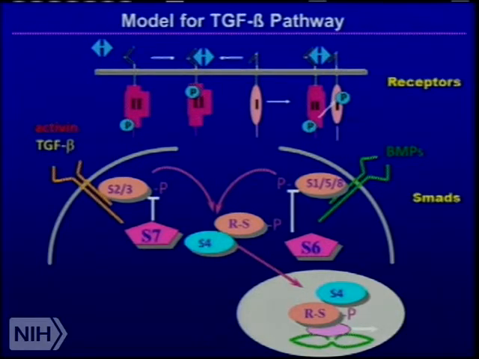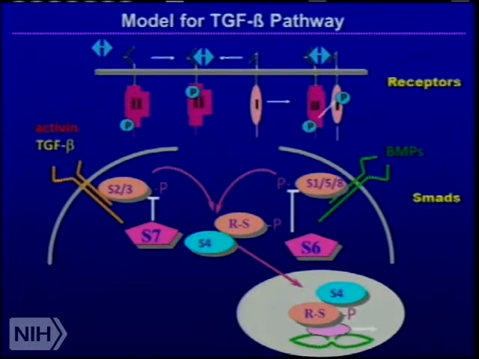Once this happens, this complex is able to then interact with the SMAD proteins. It depends on whether you're talking about TGF-beta, activin, or BMPs, whether this will bind to the SMAD proteins, SMAD2 and 3, or SMAD1, 5, and 8. These are the receptor SMAD proteins.